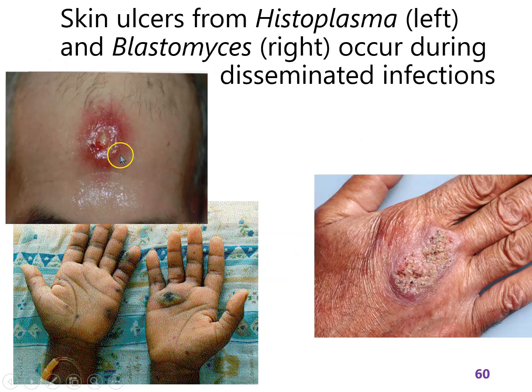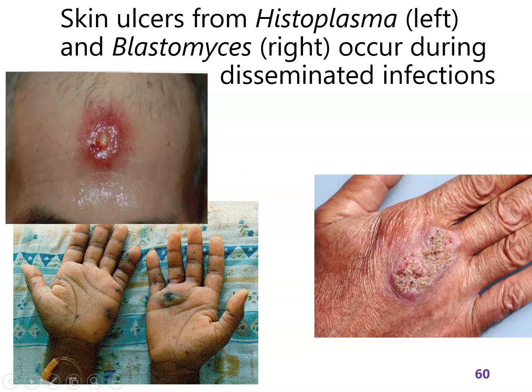And so these are some pictures of skin lesions that a person got after inhaling these fungi. So these people are dealing with these disseminated infections, and they've had to seek medical treatment. So you can see this is a very deep ulcer. That's necrotic tissue, and this looks like a fight between the skin and this fungus. But you would obviously seek medical attention if either of these things happened to you.